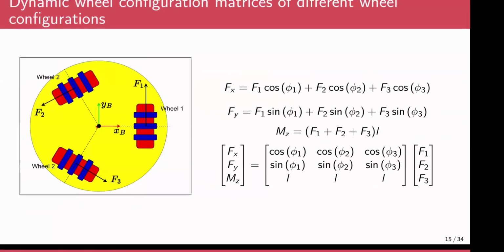If this is the omni wheel, we have passive rollers like this, which are free to roll in these directions, and these are free to roll in this direction. And the tractive forces act along the direction of the main periphery of the main wheel. F1 would be like this, F2 would be like this, F3 would be like this.